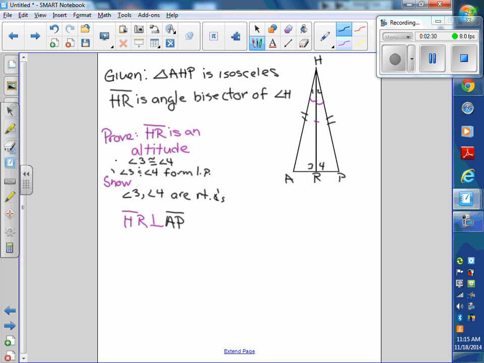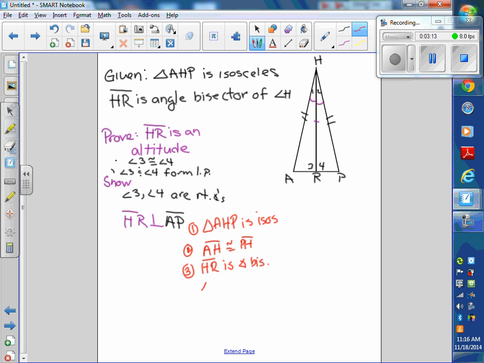So basically, I'm going to do side angle side, and I'm going to write out the statements here. So the given, triangle AHP is isosceles, and that tells me that AH is congruent to PH. So that's my first congruent statement. And then I also know that HR is an angle bisector. That was given.